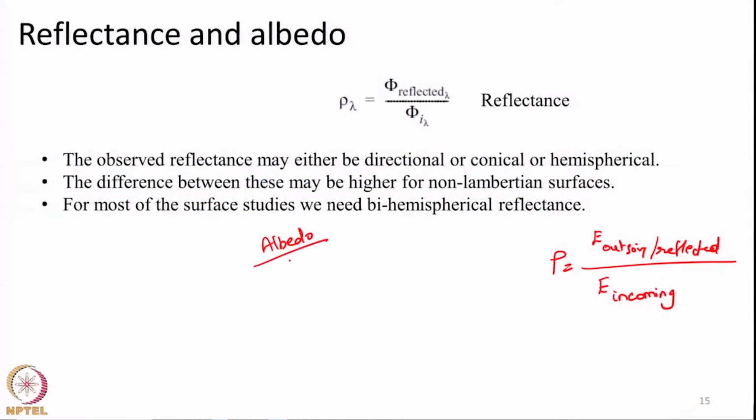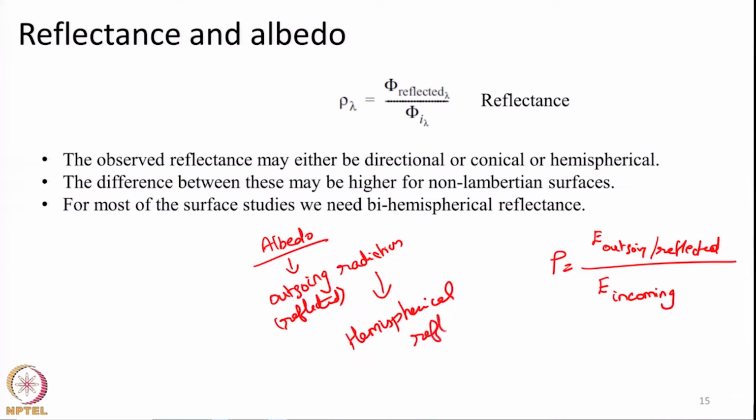So, albedo is defined as the case of reflectance in which the outgoing radiation, or to be more specific, the reflected radiation, is integrated over a hemisphere surrounding the object of our interest. We call it hemispherical reflectance.